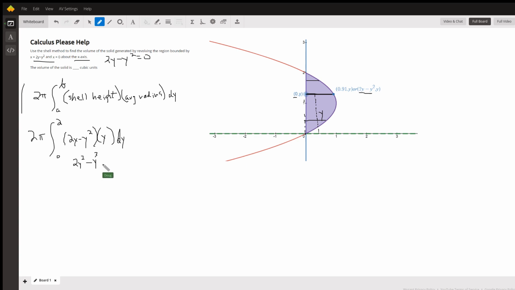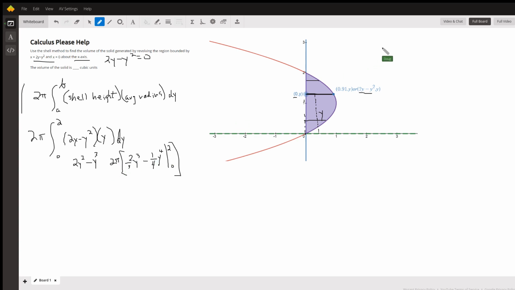Find the antiderivative, which would be 2/3 y cubed. And I'm not being really very neat in organizing this work. Evaluate that from 0 to 2, but don't forget that 2 pi that's sitting out front.